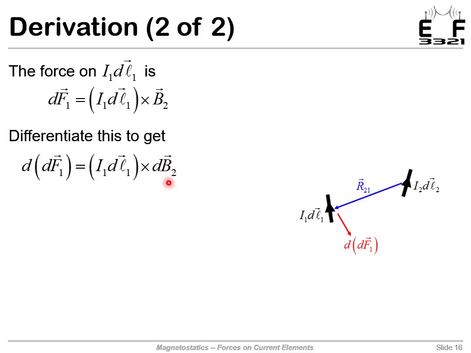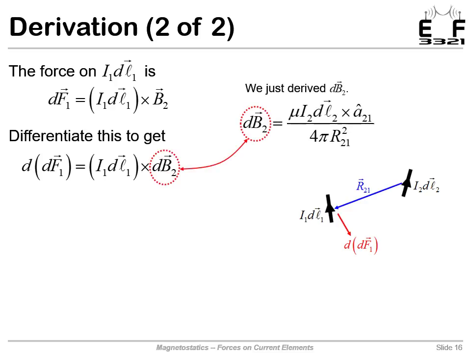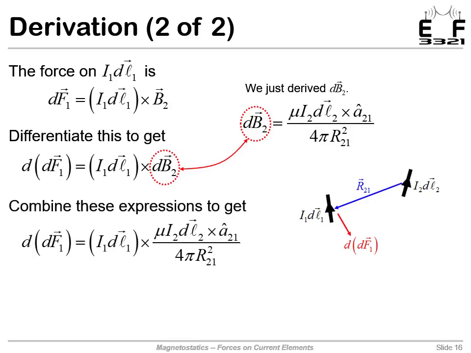But this dB2 is something that we derived on the previous slide. Remember, this was essentially just the Biot-Savart law, but with the permeability sitting here. The permeability is there because we're calculating a B field instead of an H field. Well, we can plug that expression in, and we have a bit more complicated expression now for our double force, and we have I dL1 cross I dL2 scaled by the permeability, cross a21, which is a unit vector in a direction connecting the two current elements.